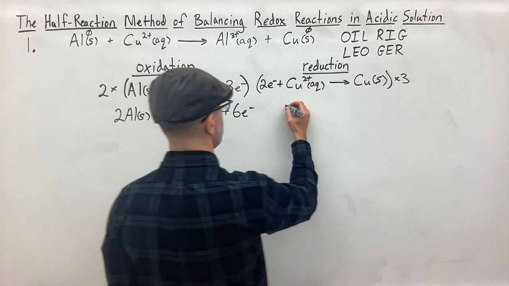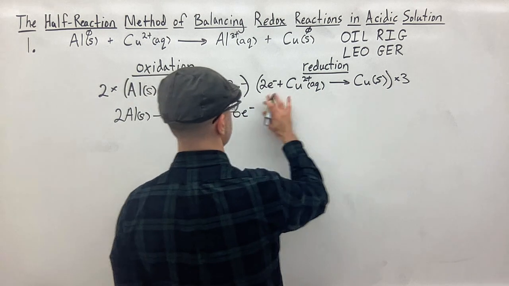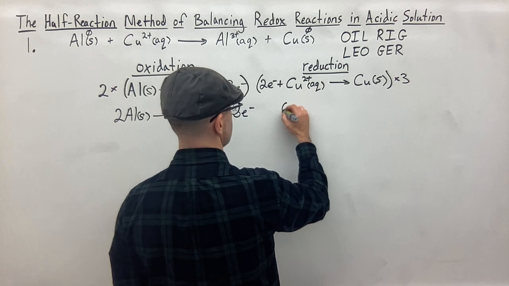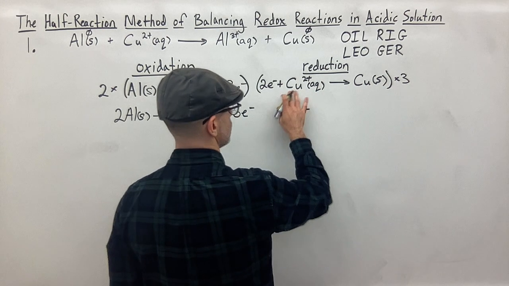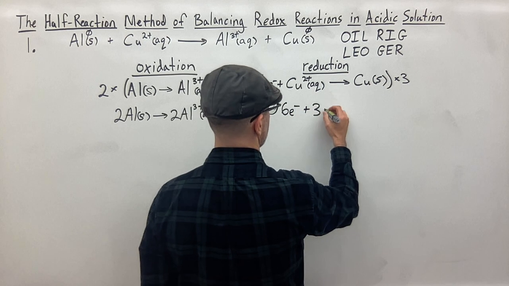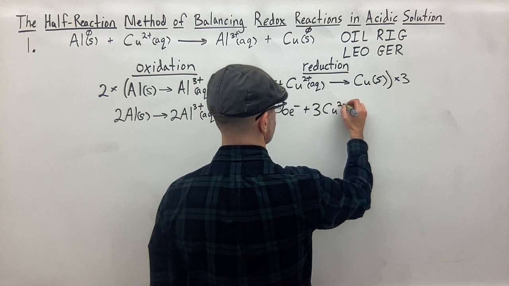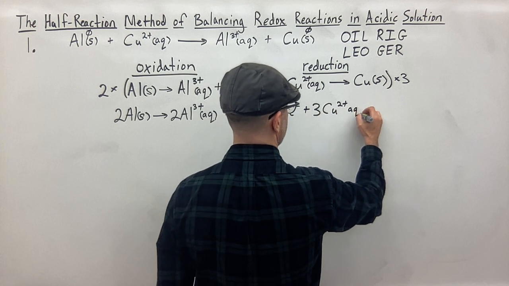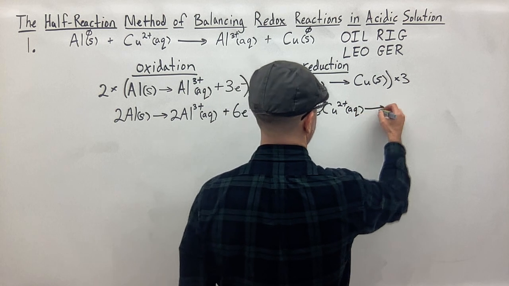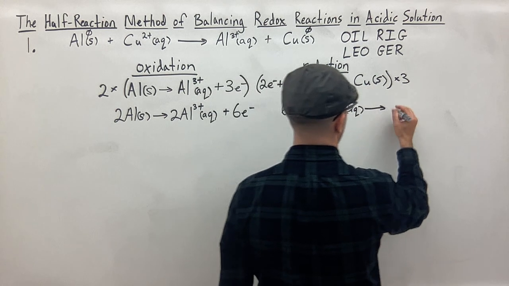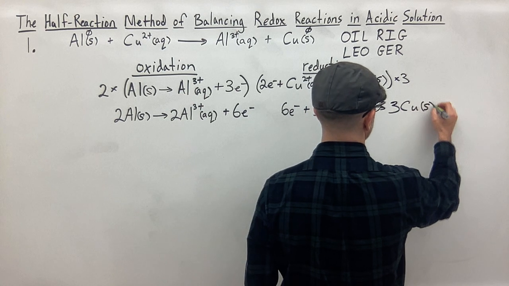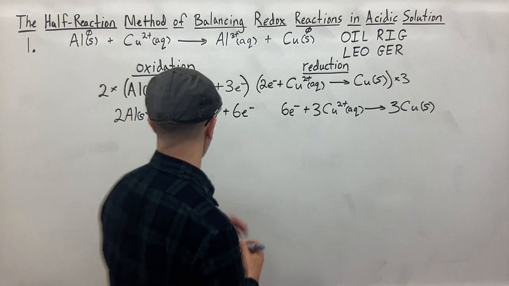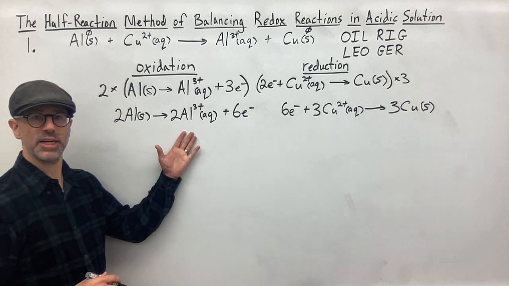And then for the reduction half reaction, 3 times 2 again is 6 electrons, plus 3 Cu2+ aqueous, and then I'm going to get 3 Cu solid. So now I have both half reactions here.